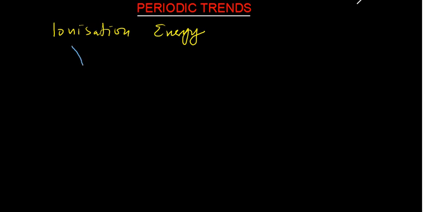So if you have an atom, and this should be in the gaseous phase, if it absorbs energy, it's going to be able to lose an electron. Now this electron which is lost is a valence electron.